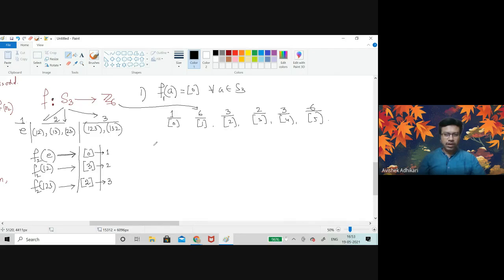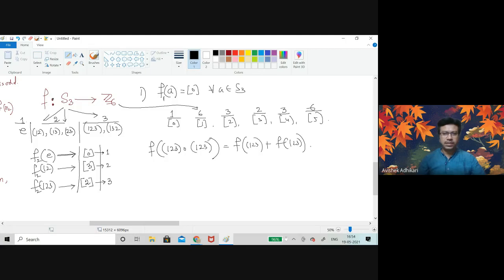So let's have a look at what is happening if I have (1 2 3) composition (1 2 3). So f of this should be equal to, if this is a homomorphism, f of (1 2 3) plus f of (1 2 3).